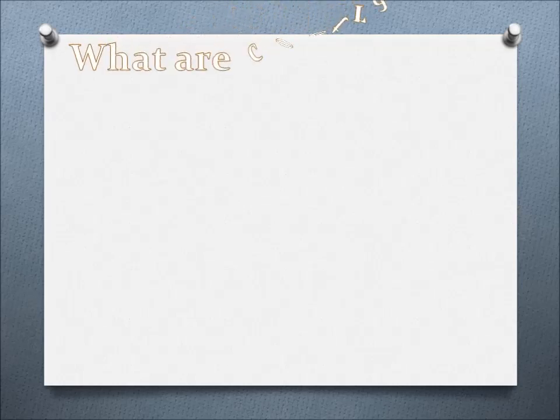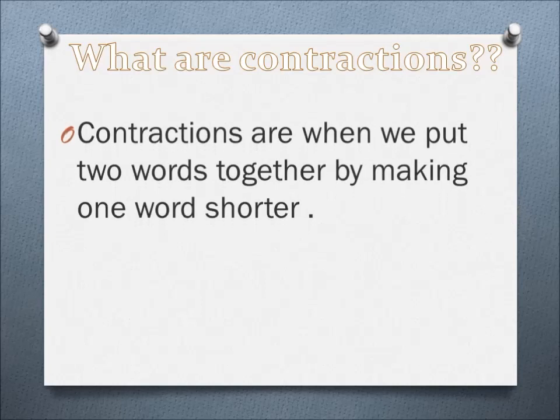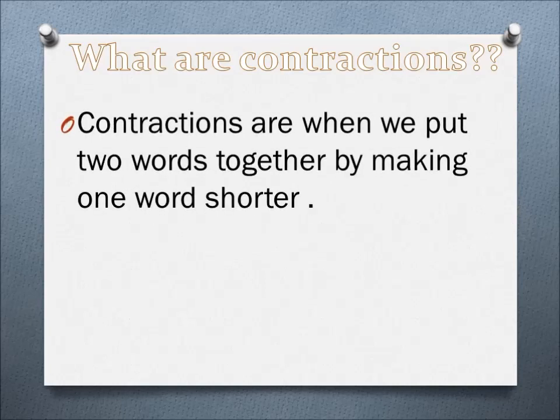We have to know what contractions are. Contractions are when we put two words together by making one word shorter. We have two words and I change them into one shorter word. We make a contraction by making the second word shorter using an apostrophe.